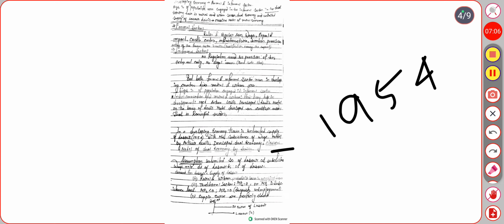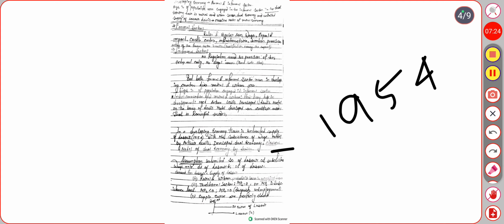The model explained that by judiciously using and exploiting their unlimited supply of labor, the less developed countries can accelerate their domestic capital formation and thereby the process of growth.